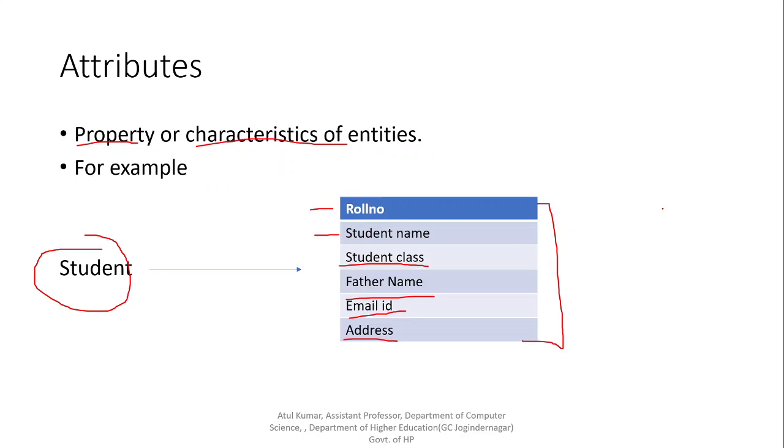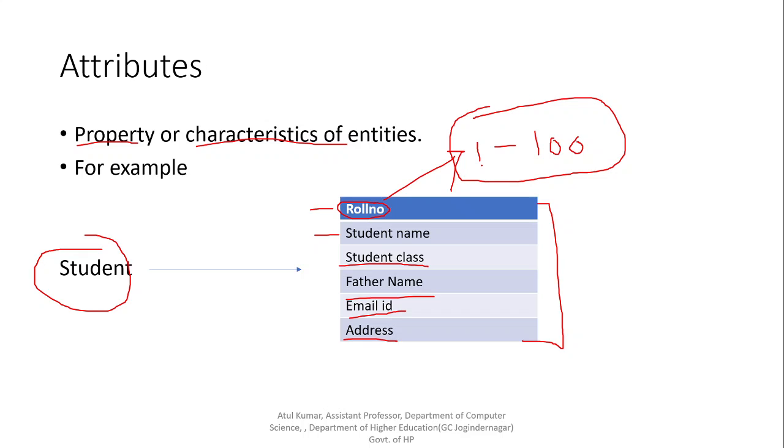domain. For example, suppose we have a roll number, and the roll number starts from 1 and goes up to 100. So it is basically the set of permitted values.